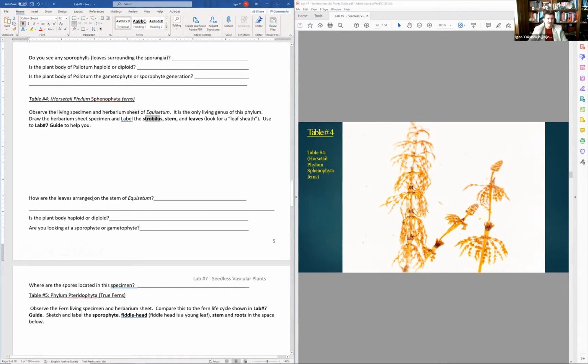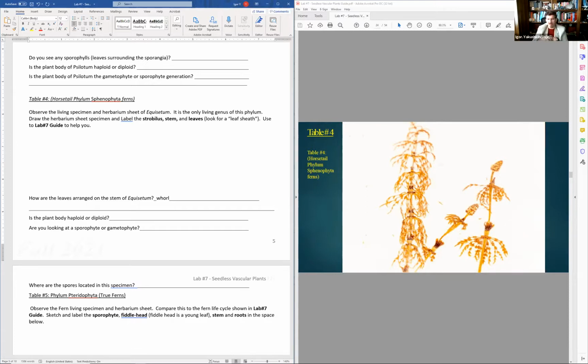How are the leaves arranged in the Equisetum? Here we have, that's the word, whorl. More than 2 leaves coming out from the same node. Is the plant body haploid or diploid?